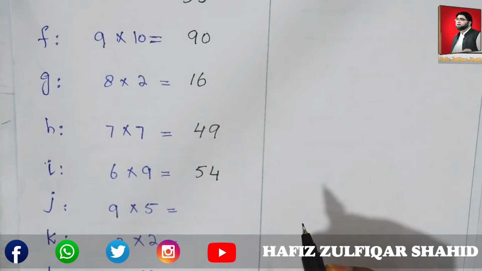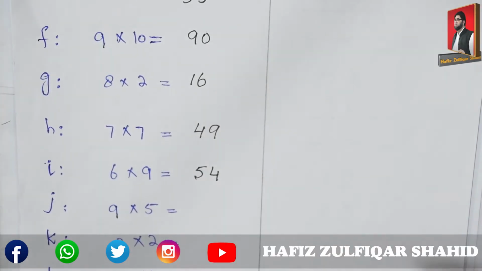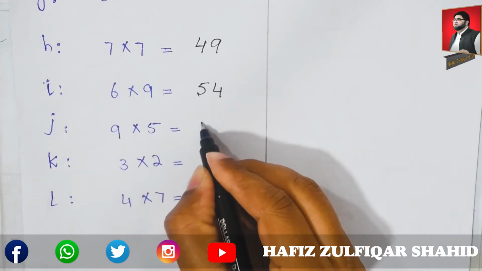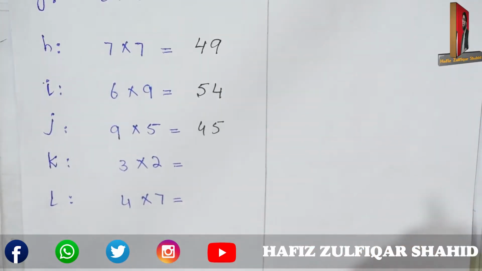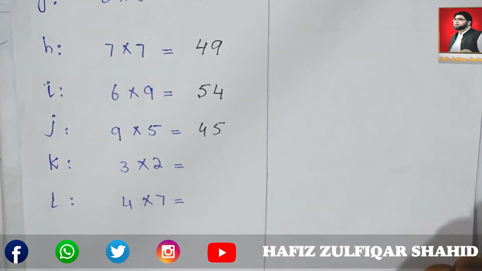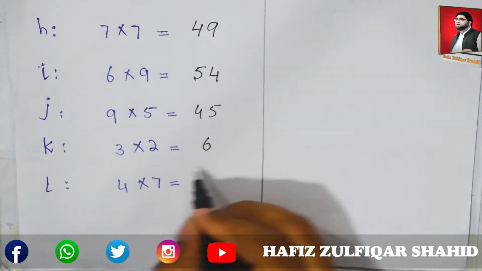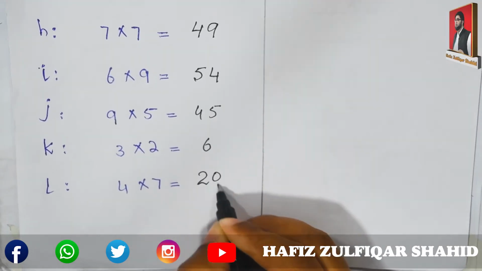9 times 5 is 45. 3 times 2 is 6. 4 times 7 is 28.